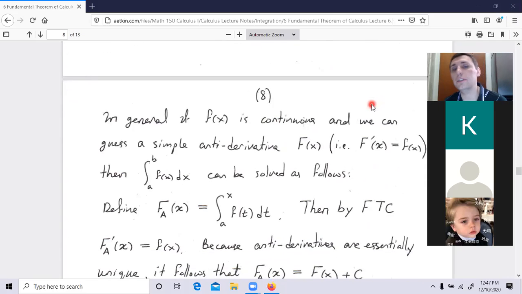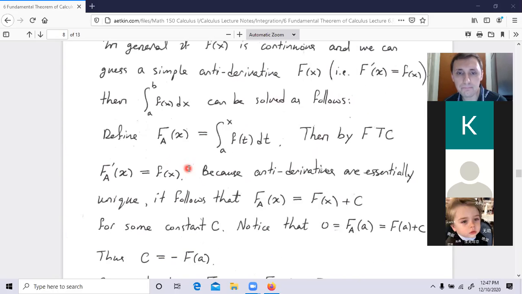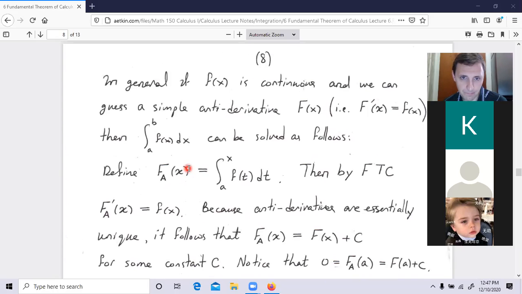In general, if little f is continuous and we can guess a simple antiderivative formula, then we know by the fundamental theorem of calculus that yes, we have this area definition here. So we have capital F sub A of x is the integral from a to x of f of t dt.